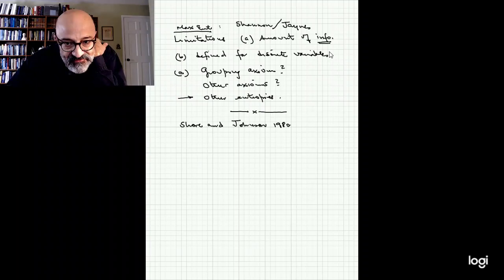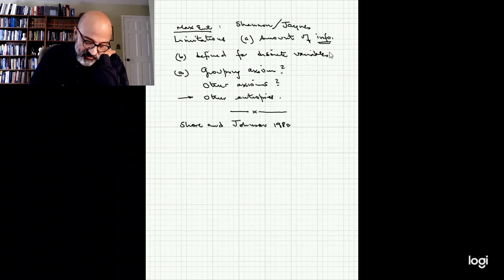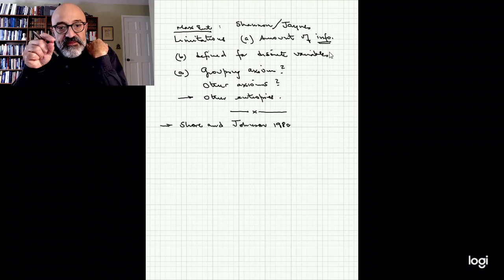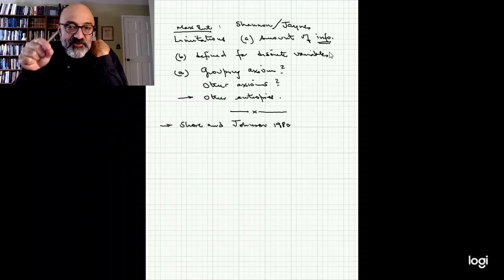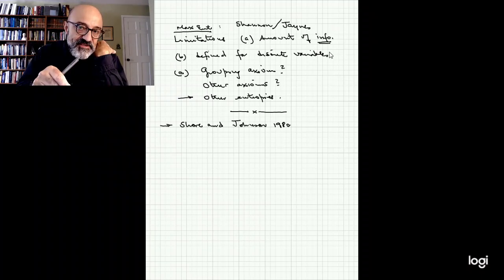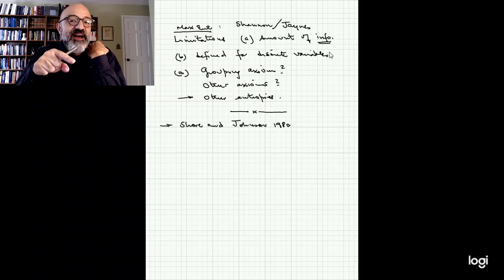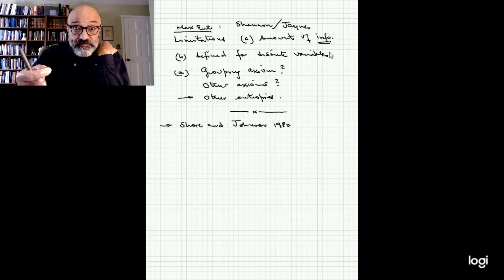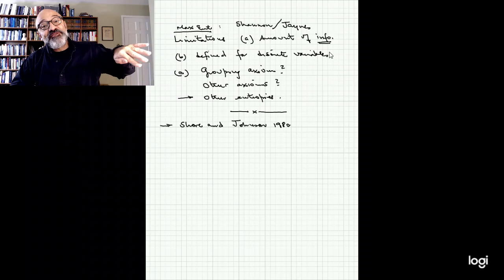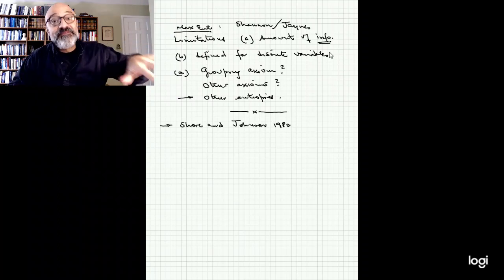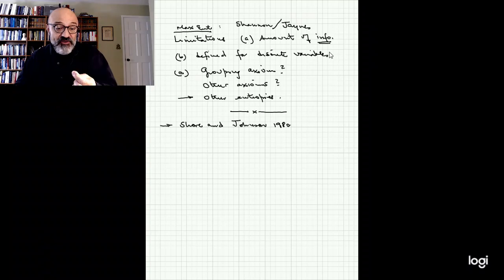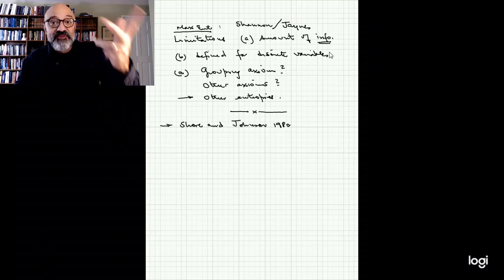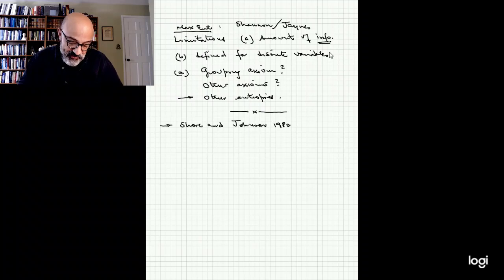So it's been about 40 years, a long time. And what these guys did that was really important is they realized that you do not have to axiomatize the concept of information. You only need to axiomatize the process of updating directly. So you can eliminate the notion of information, of amounts, of all of that. Just say, look, you want to go from a prior to a posterior. How do you do it? So this is a major step forward.